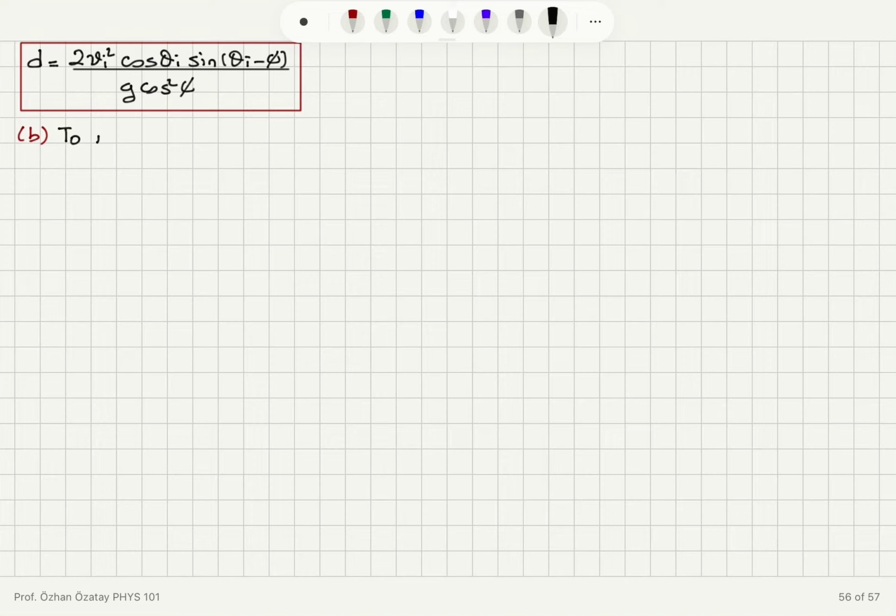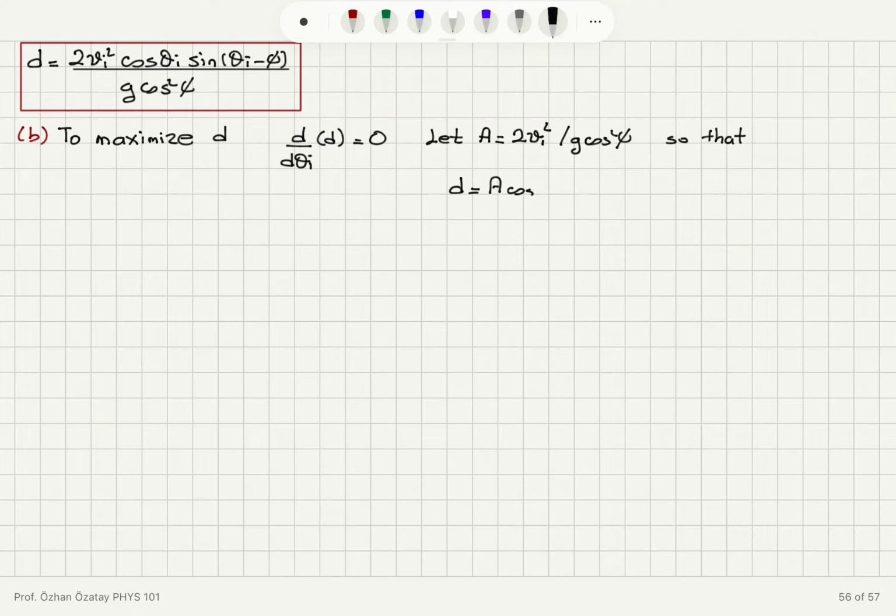Now we want to maximize d by changing the angle theta initial. I want to travel the maximum distance up the incline. How can I do that? If I take the derivative with respect to theta initial of d, this must be equal to 0. So for simplicity, let's define a to be 2vi squared divided by g cosine square phi, so that I have basically separated d in terms of other stuff multiplied with the terms that depend on theta initial.